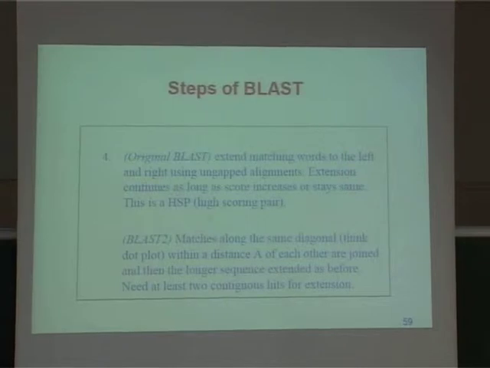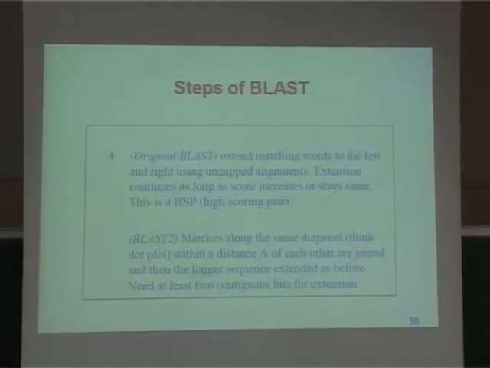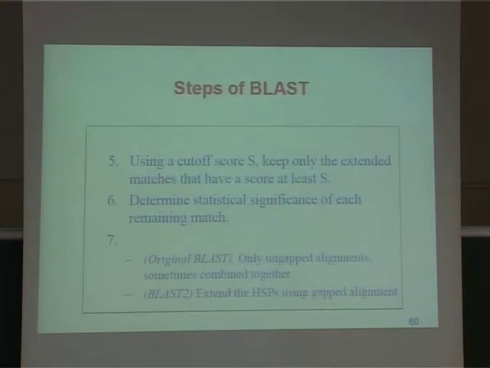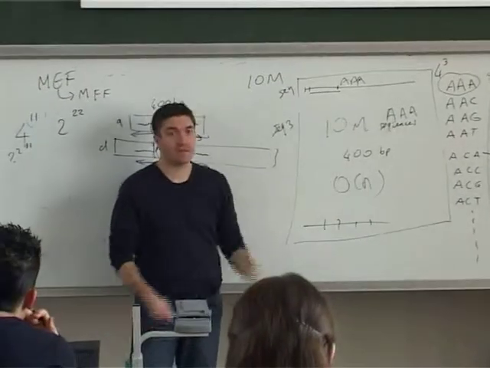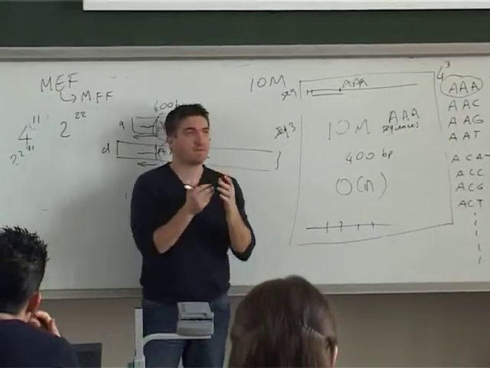And BLAST 2 actually uses a gapped alignment by allowing a certain amount of gaps, okay? And after we do these extensions for all the database sequences, we have a list of hits.